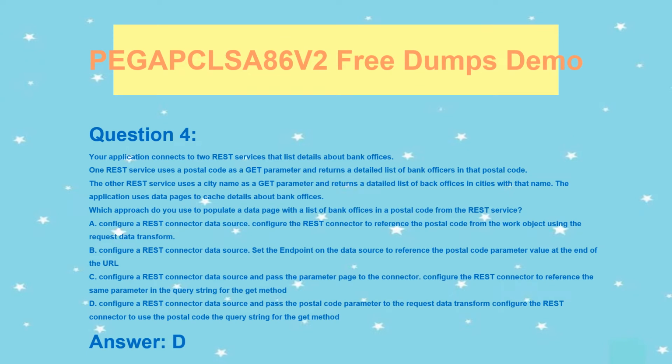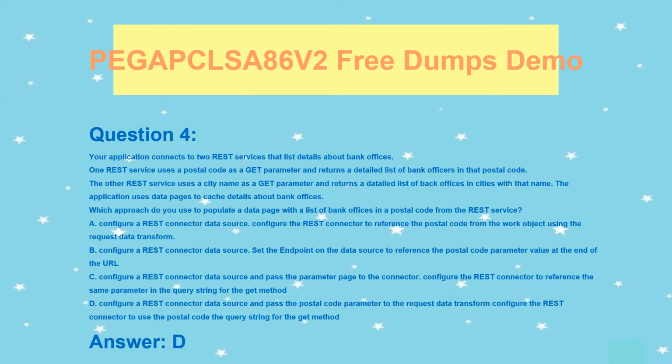Question 4. Your application connects to two REST services that list details about bank offices. One REST service uses a postal code as a GET parameter and returns a detailed list of bank offices in that postal code.